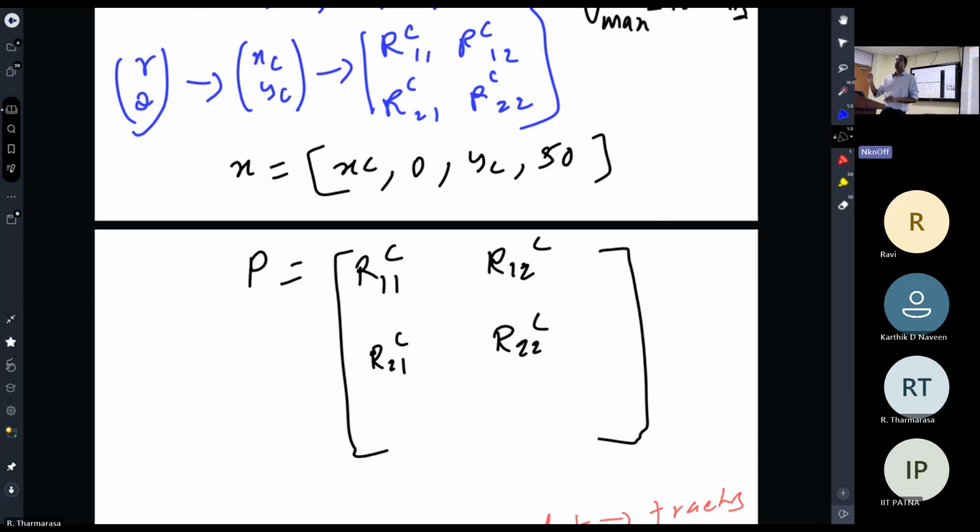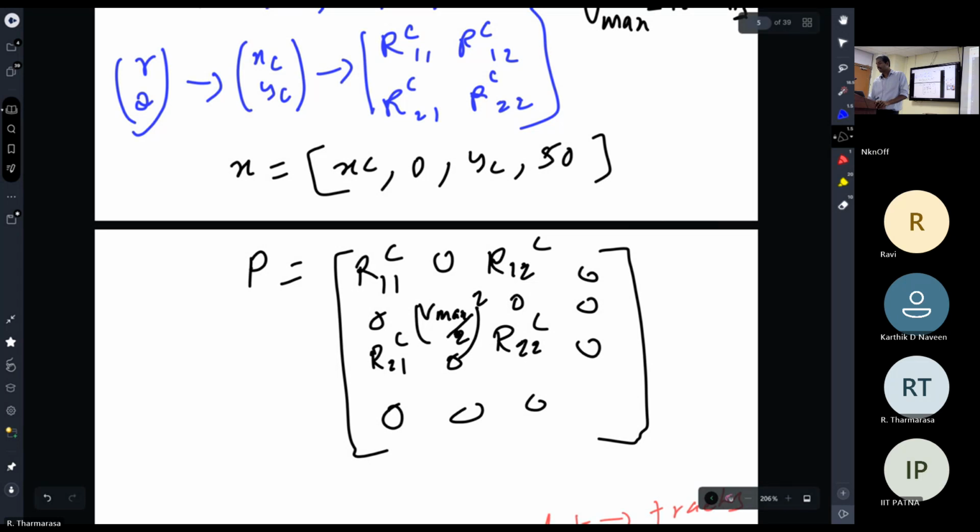The only thing that I know is V max. So what I would do is initialize that as V max divided by 2, all squared, then zeros, and V max divided by 2, all squared.